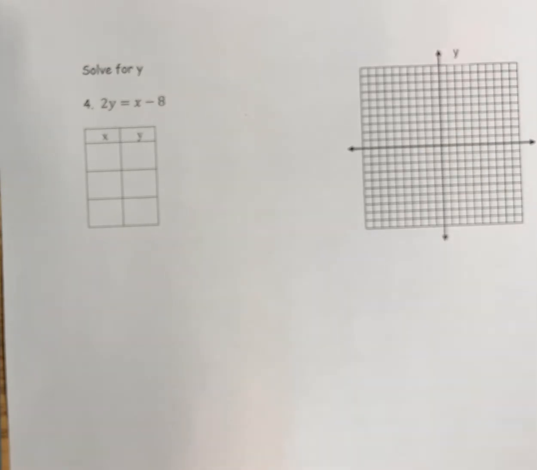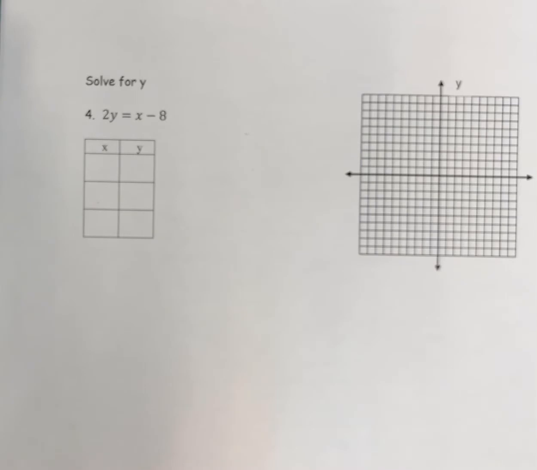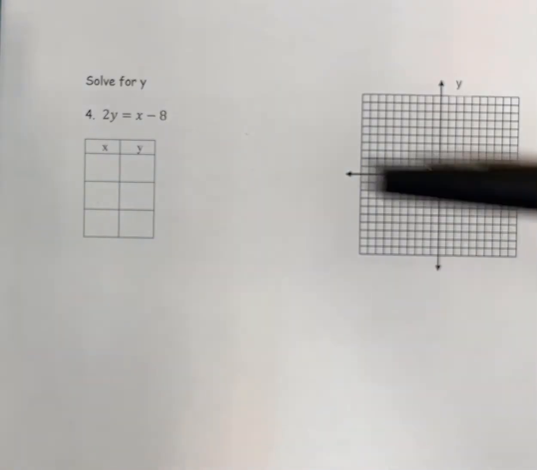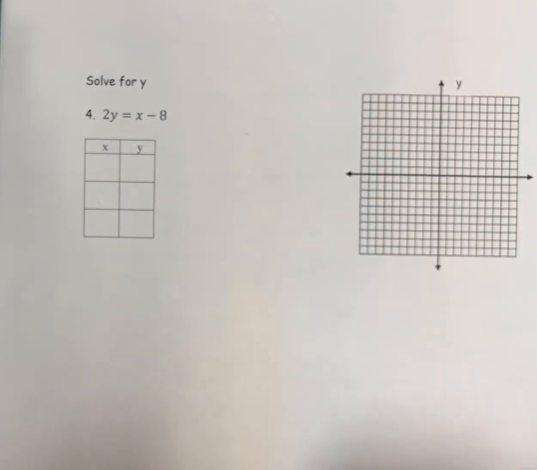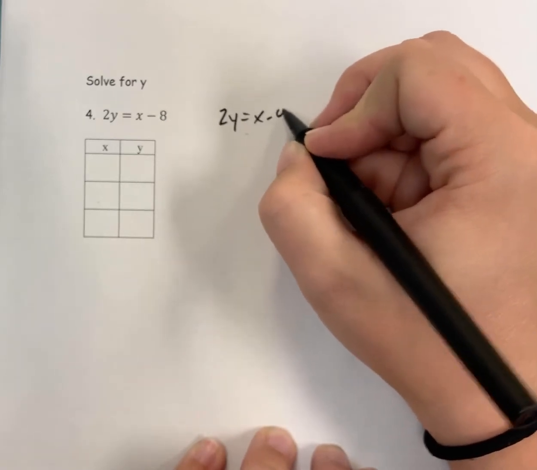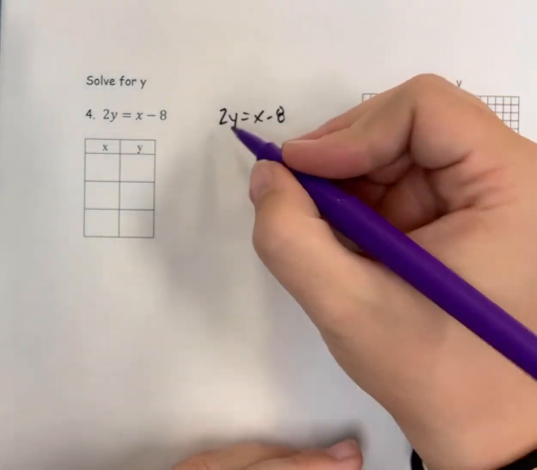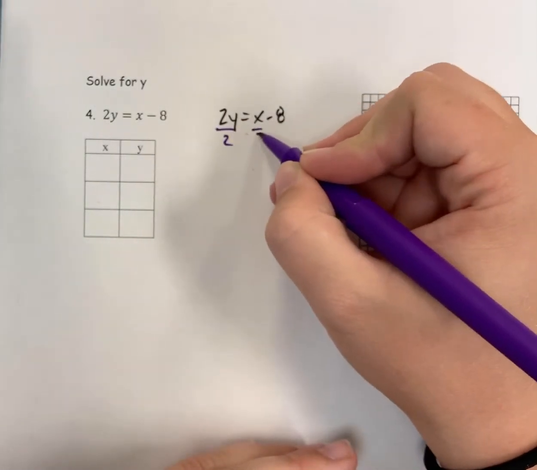This last example here, we have 2y equals x minus 8. And once again, we need to first solve for y. So we're going to take our equation, 2y equals x minus 8, and to solve for y, we need to divide every term by 2.